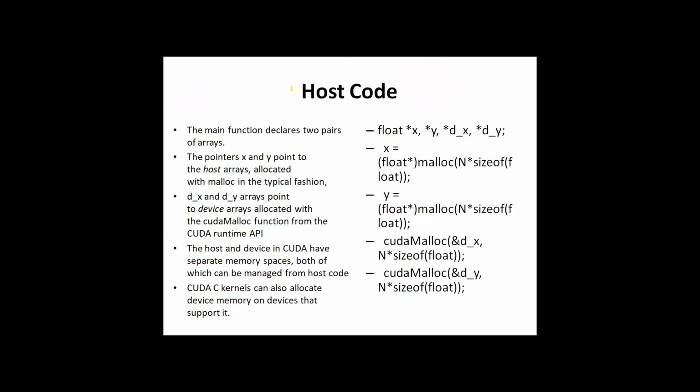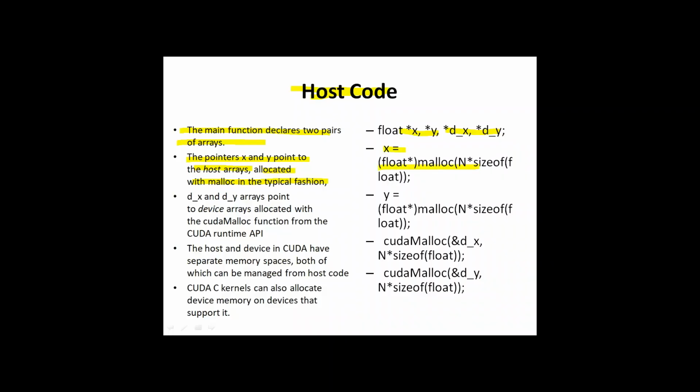So, just more detail about this code. It has host code, right? In the host code, we have declared two pairs of arrays, like x, y for the host, and d_x and d_y for the device. The pointers x and y point to the host arrays allocated with malloc in the typical fashion.